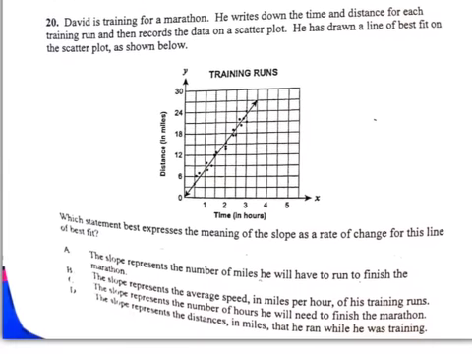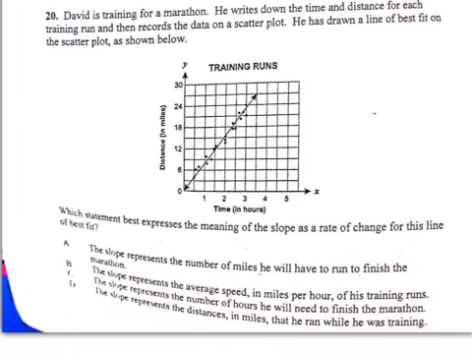All right, number 20. They're asking us to interpret this slope. They've given a scatter plot, and what does the slope mean? Remember, slope is rise over run, so let's write that down. The rise is going to be the distance in miles over the run, which is the time.